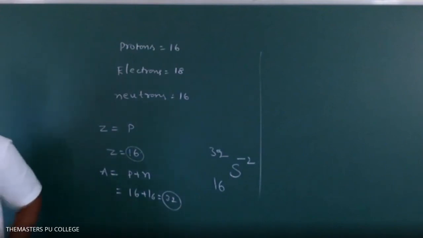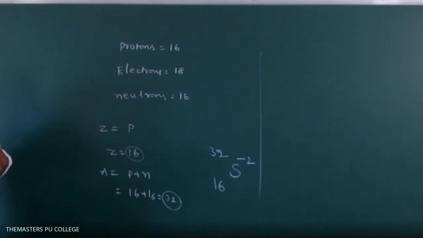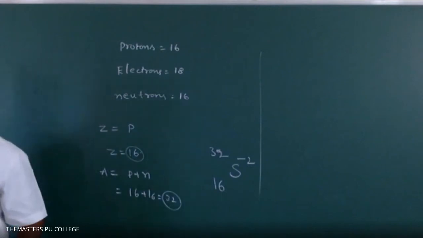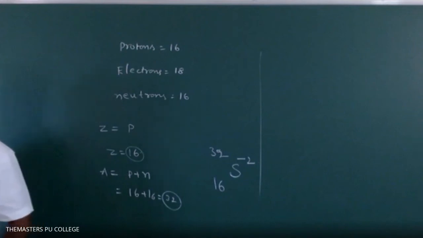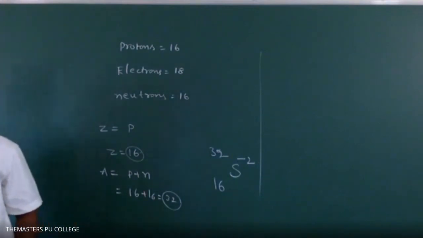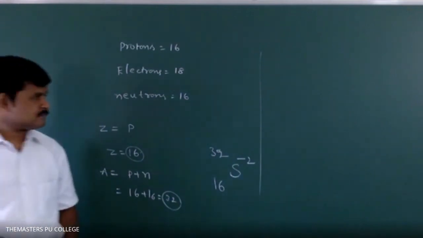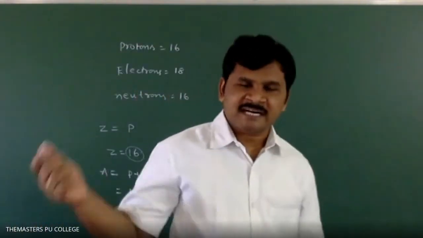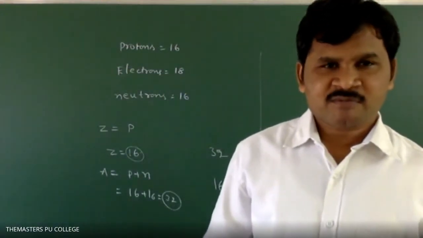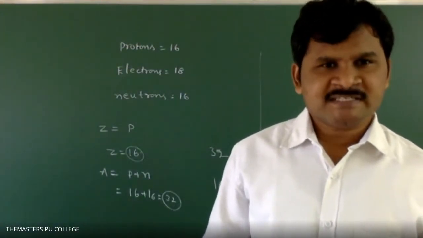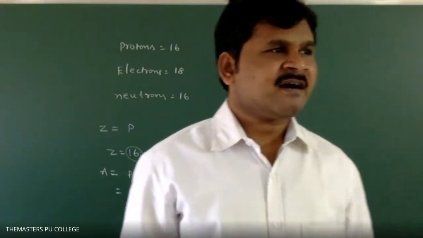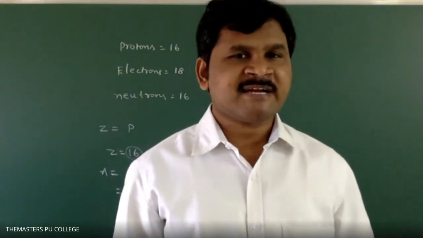Write down. The number of electrons, protons and neutrons in a species are equal to 10, 11, 12 respectively.